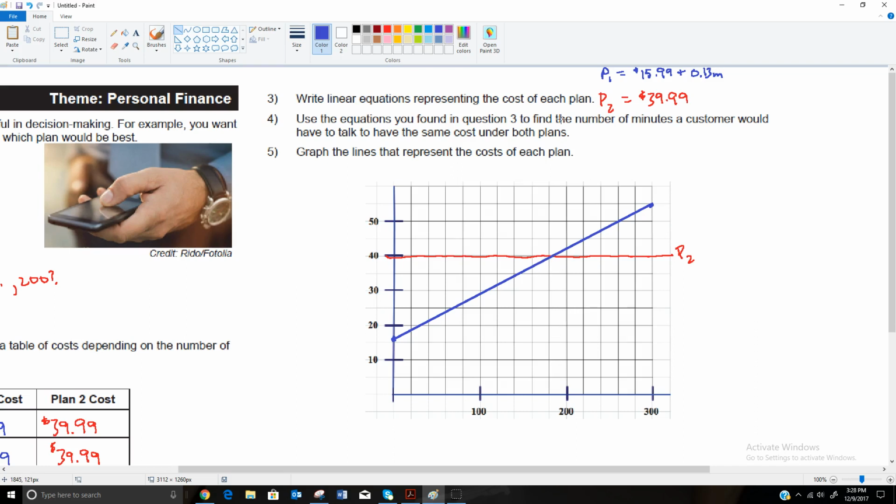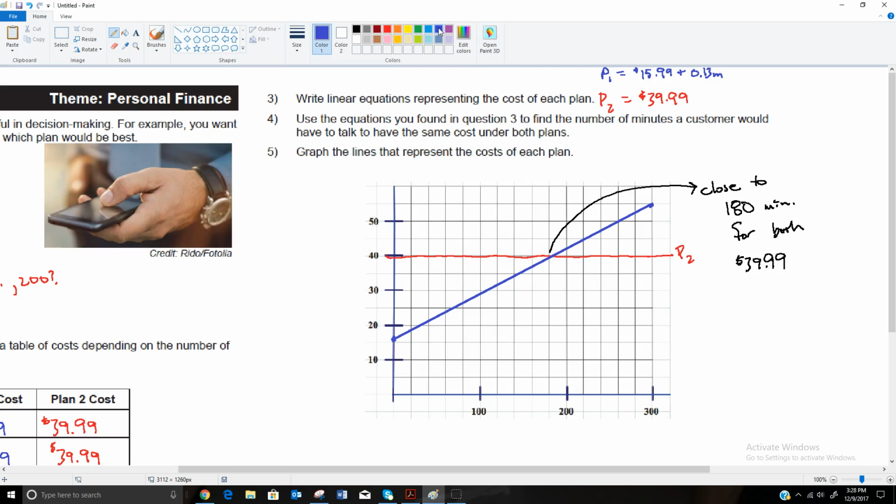So now let's do that algebraically and see what we get. So this looks like it's close to 180 minutes for both to be $39.99.